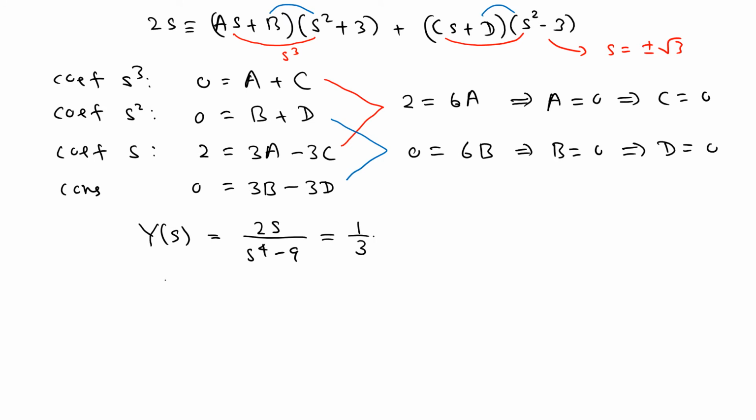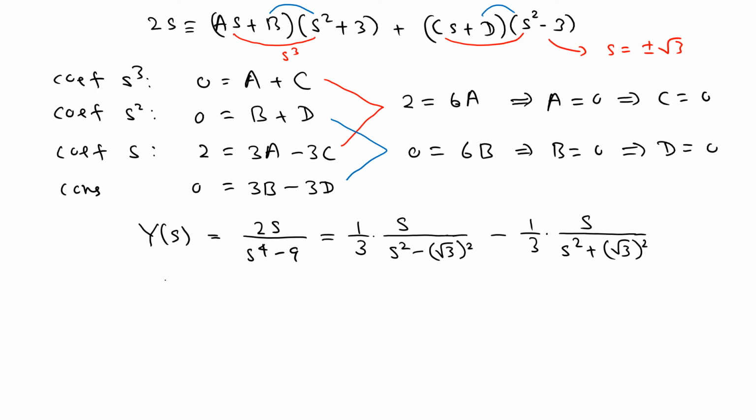Since it's a fraction, we write it outside, and then s over s squared minus 3, where 3 we write as square root of 3 squared, because that's what we need. And then minus 1/3, and again the same idea: s over s squared plus square root of 3 squared.